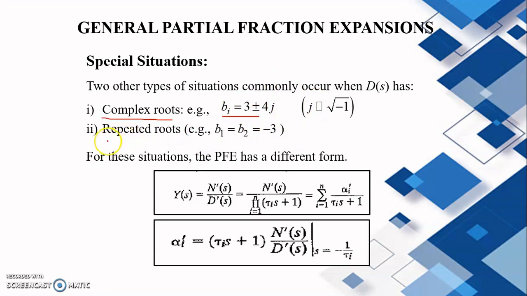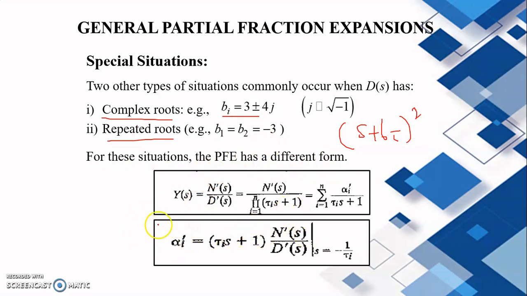Another case is when you have repeated roots. That means the value of b1 is equivalent to b2, equivalent to -3, meaning that s plus b1, for example, has a power like this, so we call this a repeated root. For this situation, the PFE has a different form.